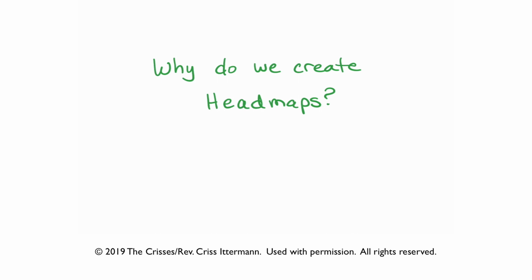Another reason we've created head maps is to keep our shared history of ourselves and the rollout and discovery of each other, kind of to keep record keeping and to map out our shared history together as a group.